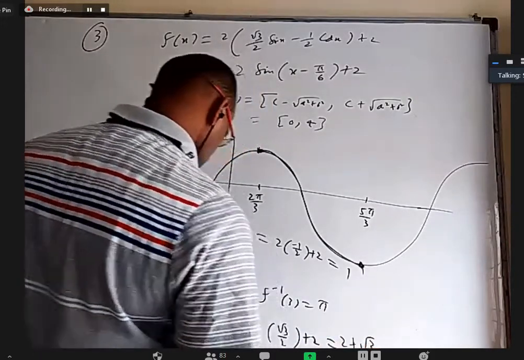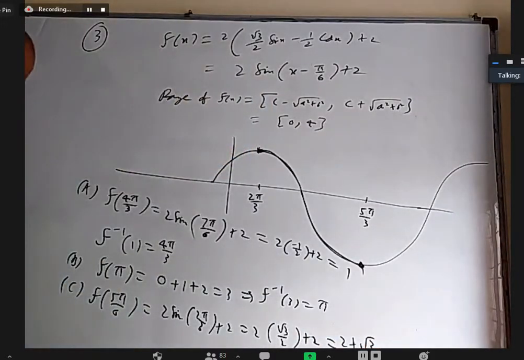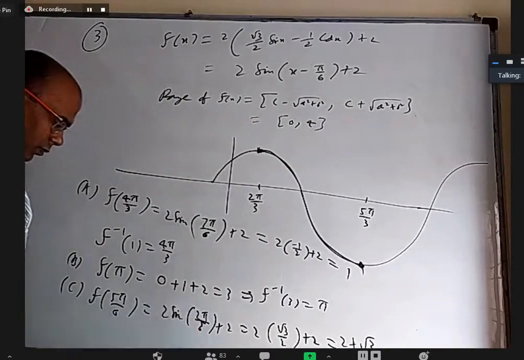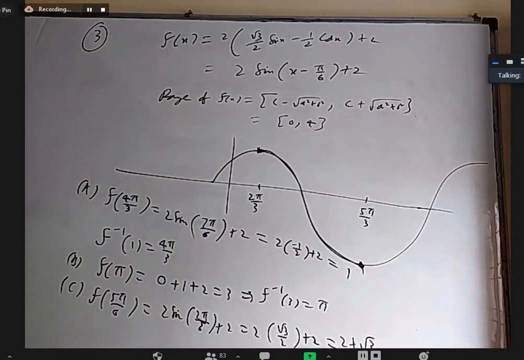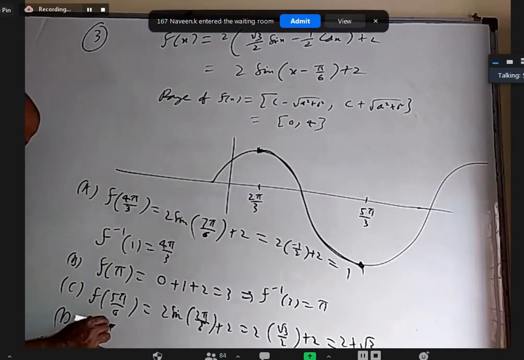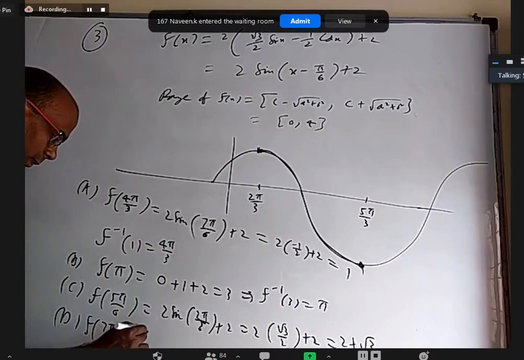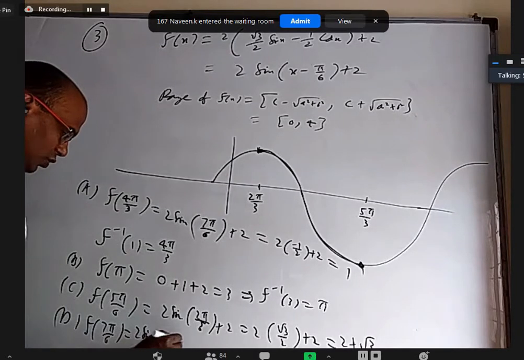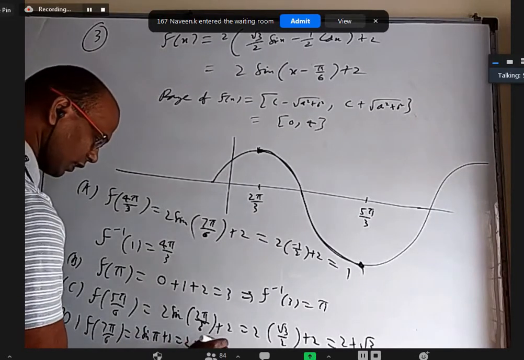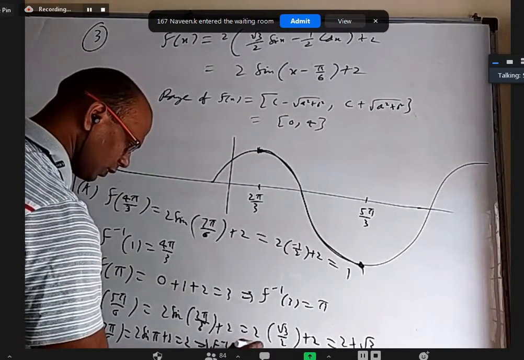So C is not right. F of 7 pi by 6 is going to be 2 sine pi plus 2. That is 2. So from that I'll get f inverse 2 is 7 pi by 6.